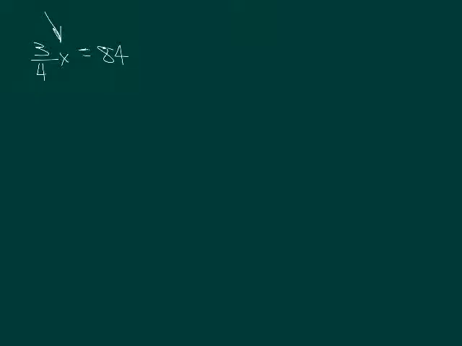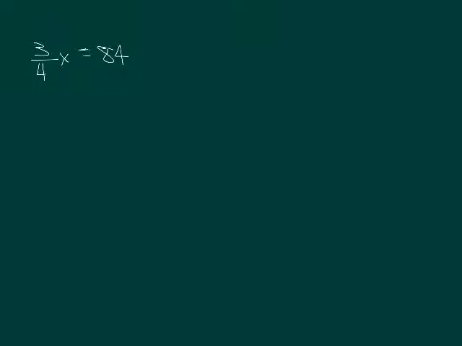So 3/4 of, and if you read what the person shouted, you have finished 3/4 of the bike ride. Well, the bike ride is the total amount, so 3/4 of whatever is 84, and this is where it comes in handy to do algebra. We're looking for the unknown.